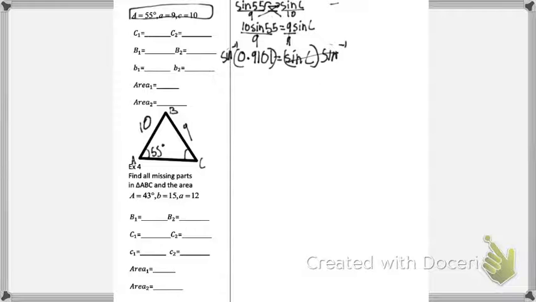So we got that angle C approximately equals 65.529. So C1 equals 65.529.